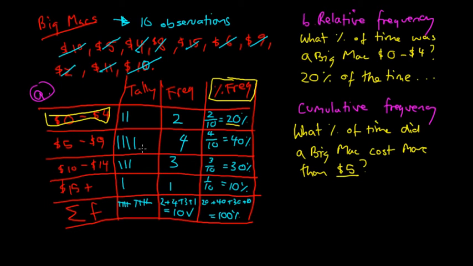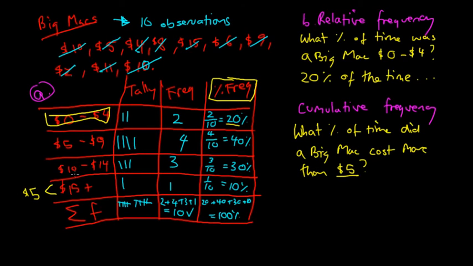But if we look at our table, we don't have a data category which is just greater than $5. So we're going to have to start adding some categories together. So if we come down here, we can see that we have $15 plus dollars. So anything greater than $15 will also be greater than $5.